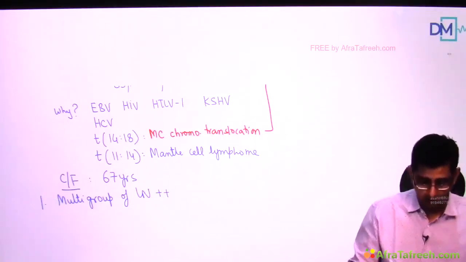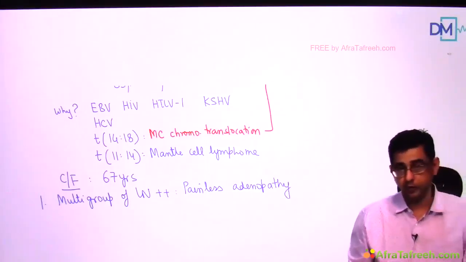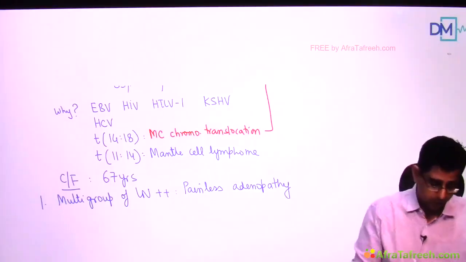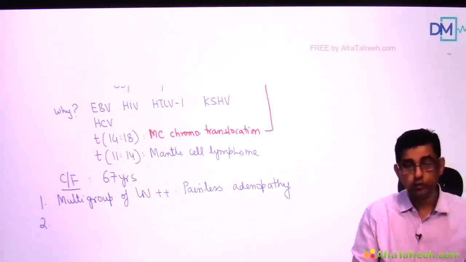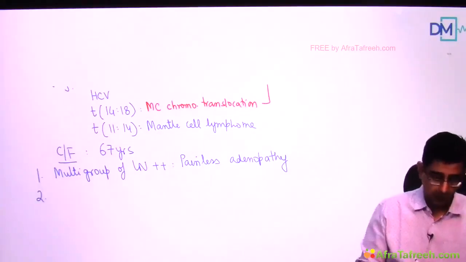Most of the time the presentation will be a painless adenopathy like cervical adenopathy, axillary lymphadenopathy, hilar lymphadenopathy, retroperitoneal lymphadenopathy. All could be present simultaneously in a patient. That is usually the profile of the patient, but it would be multiple groups of lymph nodes.